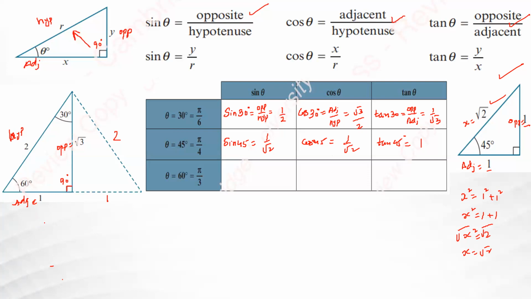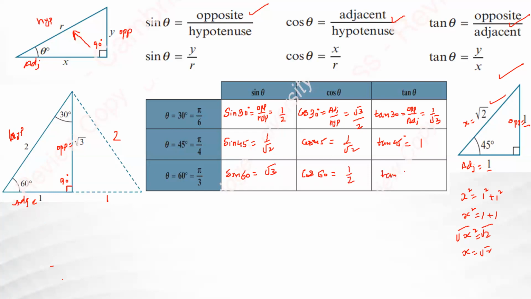So we can say that sine 60, which is opposite over hypotenuse, means square root of 3 over 1. Cos 60, which is adjacent over hypotenuse, means 1 over 2.